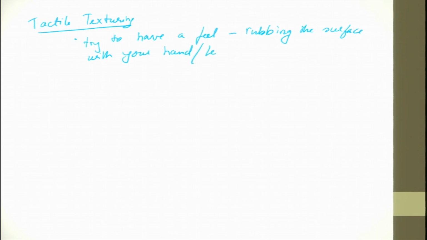You can have a feel by rubbing the surface with your hand or leg. It gives you a feel, that is tactile feel. By just looking at it, it will give you the sense of a rough surface. So, rubbing the surface with your hand or leg, that feeling is called tactile feeling.